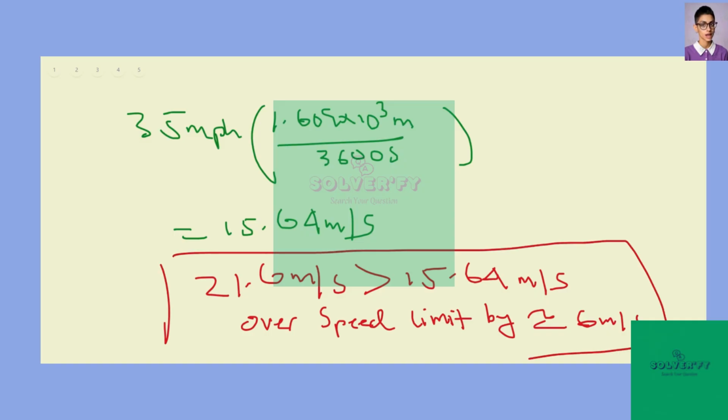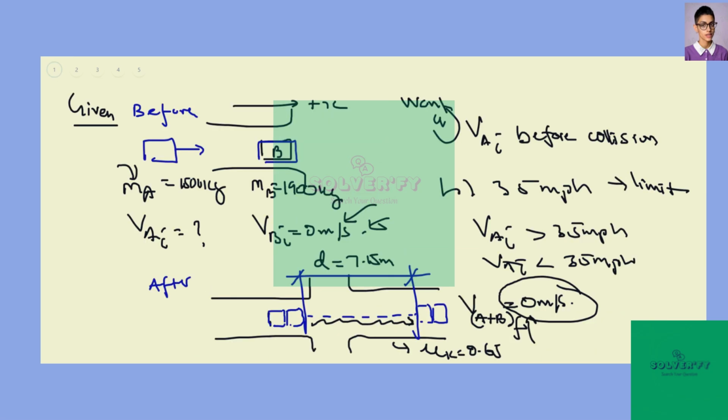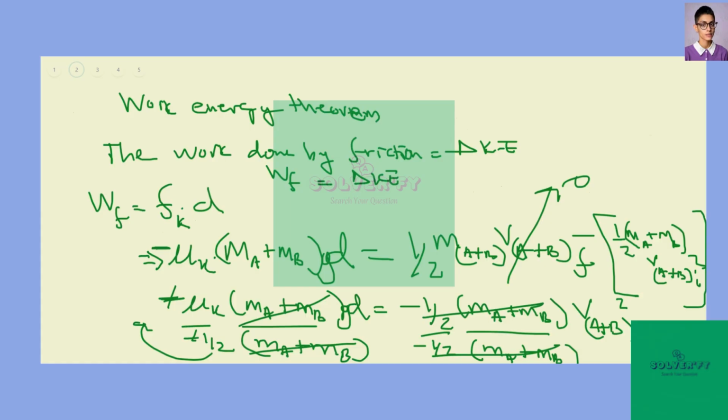Hope you enjoyed the problem. Two parts to the problem. The first part is before collision, and then you have after collision. We use the work energy theorem to determine the, on one side we have the frictional force which opposes the motion, so we have it as negative. And then we have the change in kinetic energy of the system, the combined system when they collide, the final kinetic energy, which is going to be zero when they stick together, and then the initial kinetic energy just when they collide with each other.